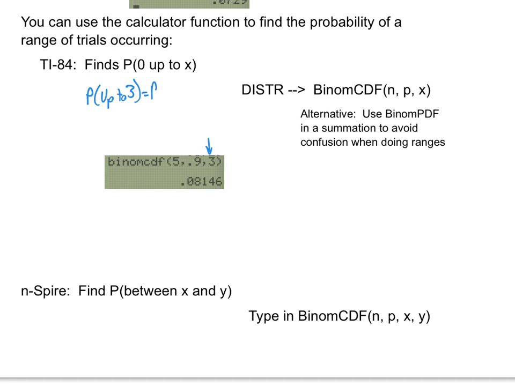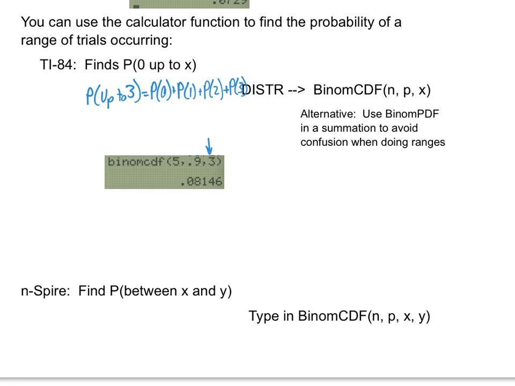So this would be the probability of him missing all 5, plus the probability of him hitting it once, plus the probability of him hitting it twice, plus the probability of him hitting it all 3 times. So that's what this is finding right here.